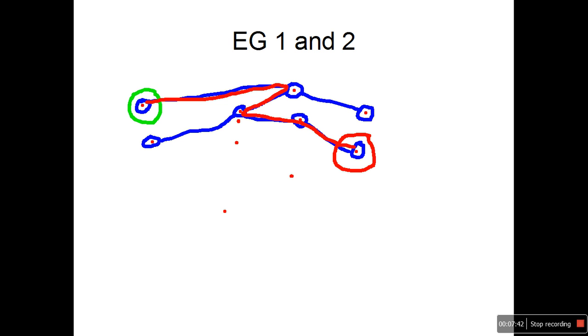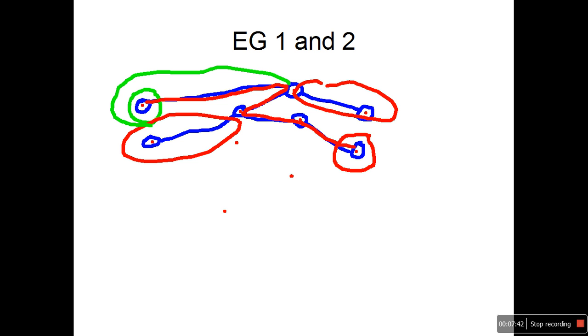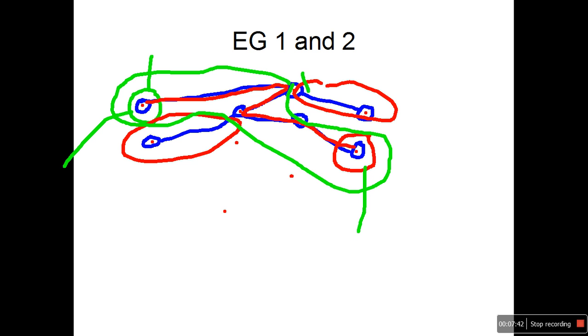So you can see that these two edges were not needed. As a result, this little part of the network can be considered an automata, because this is the starting state and this is the final state. So if you move from state 1 to state 2 to state 3 to state 4 to the final state, state 5, you get an automata. So think about compiler design working that way.